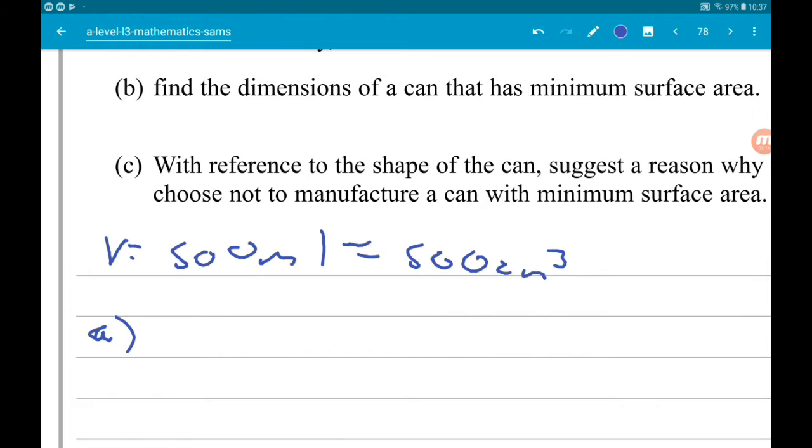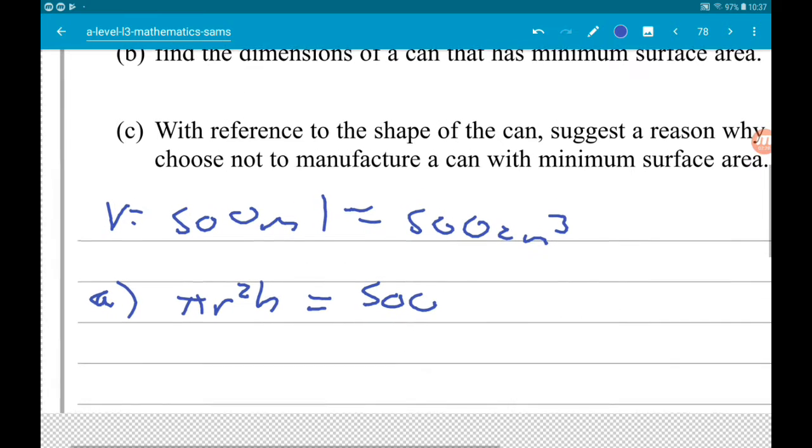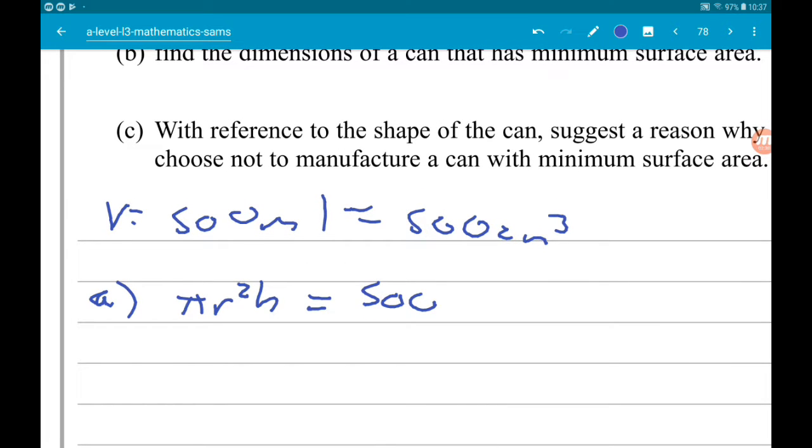So we know that pi r squared h has to equal 500. So h is equal to 500 over pi r squared.